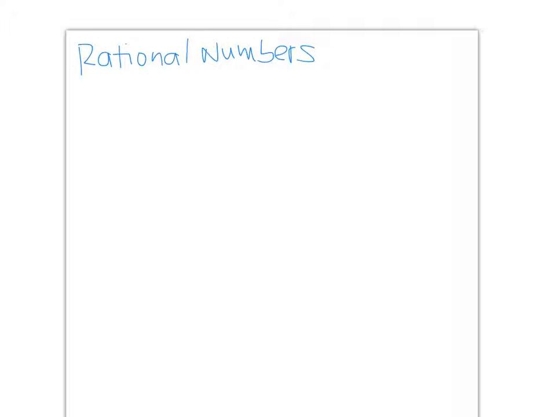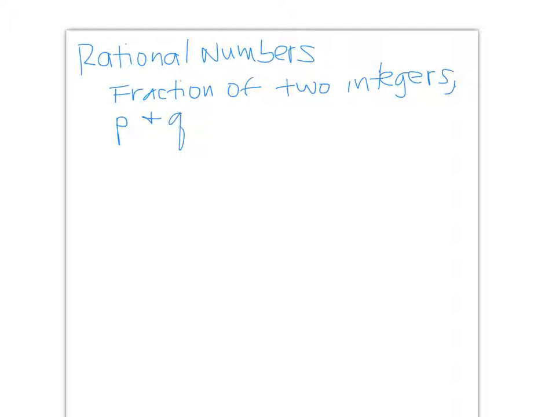Rational numbers can be written as a fraction of two integers, and we typically will refer to those two integers as P and Q. So in other words, a rational number is going to take the form of P over Q, where P and Q are both integers.